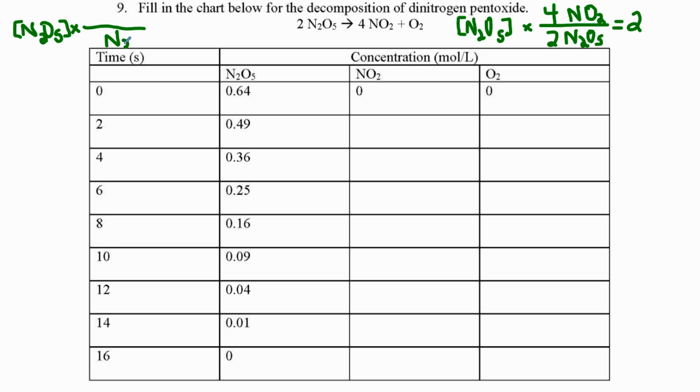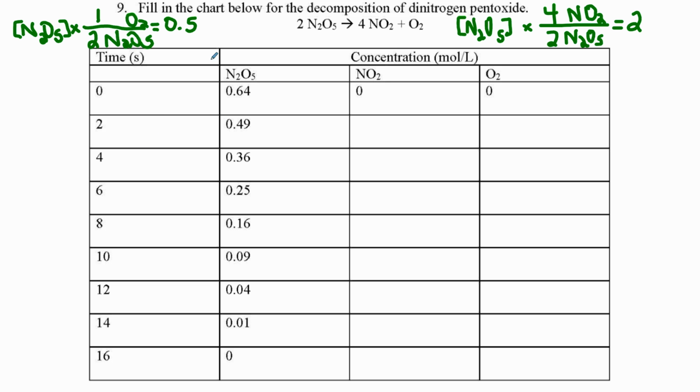So N2O5 on the bottom, O2 on the top, and O2 has no coefficient, so 1, and N2O5 has a 2. Okay, so this is just saying that the change in concentration of O2, it changes half as much as N2O5.